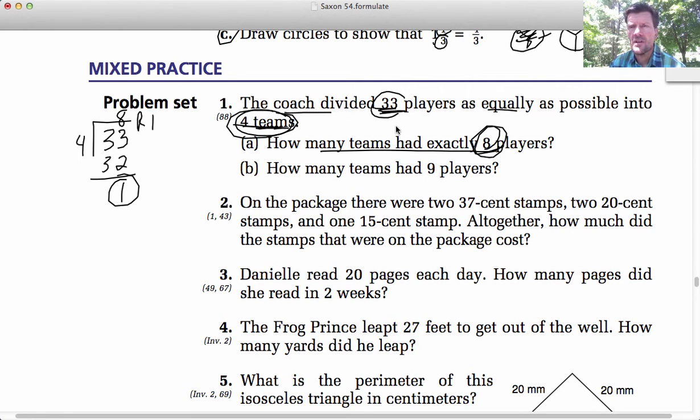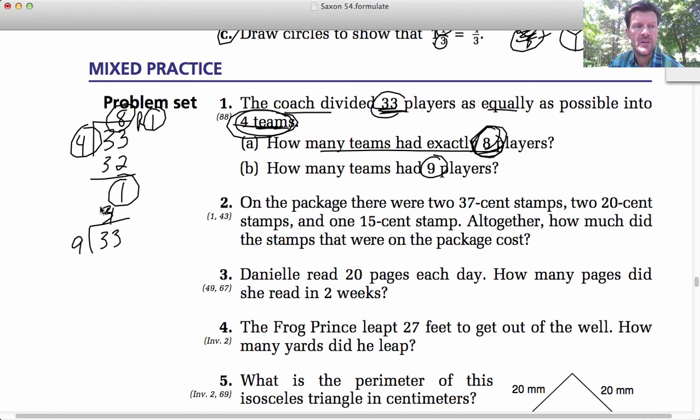And so what if you had 9 players? So if you took 33 and you're going to divide by 9, well, what's 33 divided by 9? 4 is going to be too many because we already figured out that 4 teams gives you about 8 on a team with 1 left over.